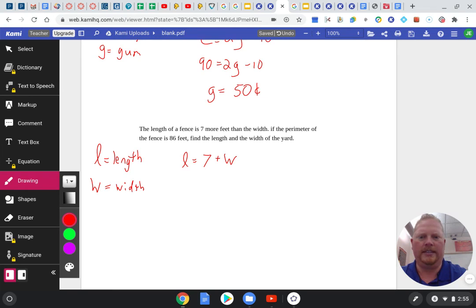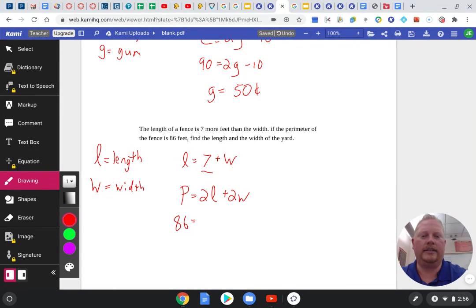And it says the perimeter of the fence is 86 feet. Ooh, perimeter. That's a pretty good word right there. You may remember the formula for perimeter to be 2L plus 2W. So now what I'm going to do is plug in everything I can into that equation. I know the perimeter is 86.